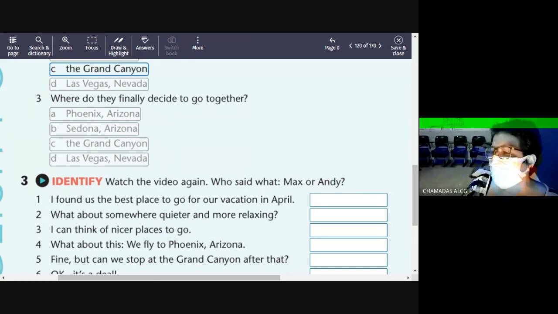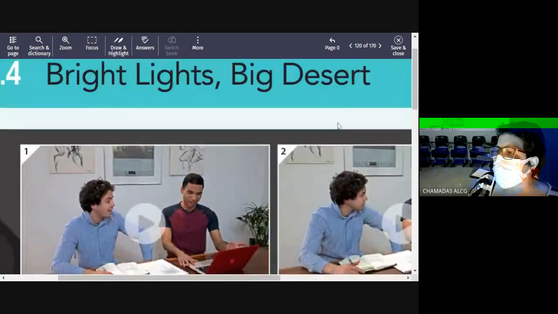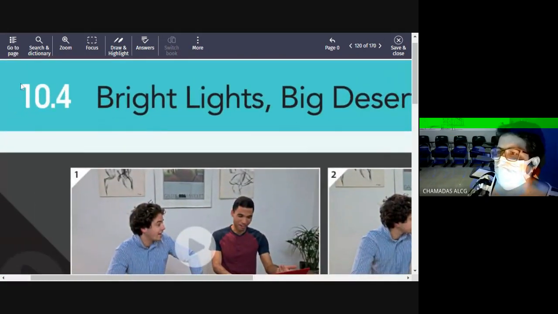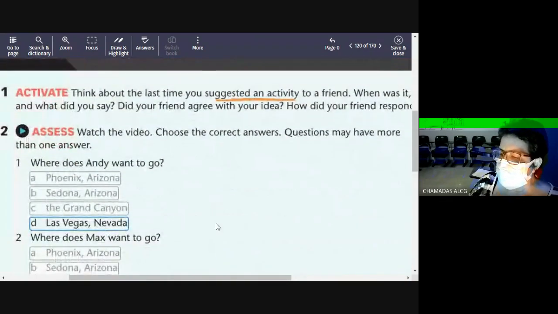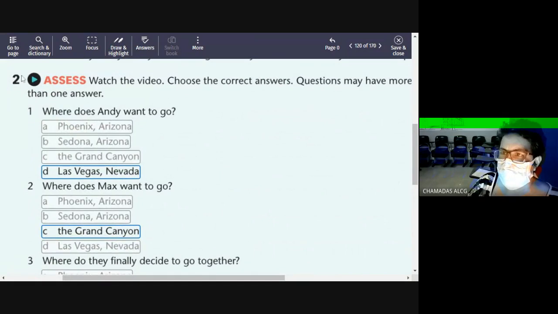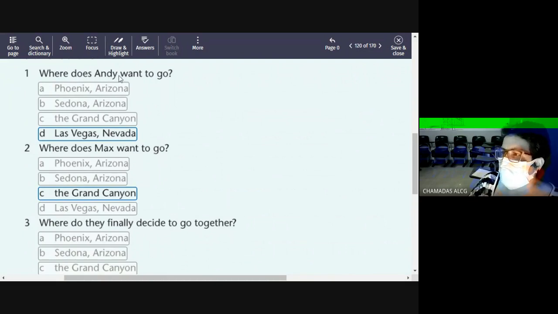Good morning. So we are doing page 120. Okay, Stephanie. Here. This is unit 10.4. Okay? It's the video lesson. And this is exercise number 2. Okay? We are checking the answers. So where does Andy want to go? Apparently, Las Vegas, Nevada.